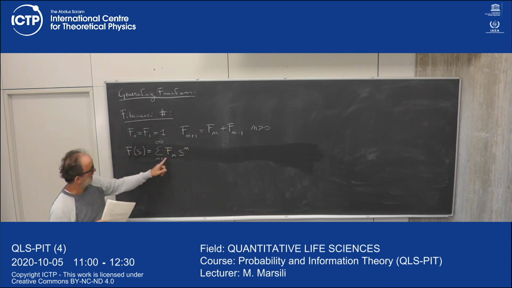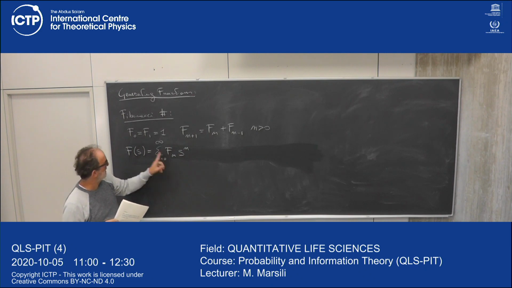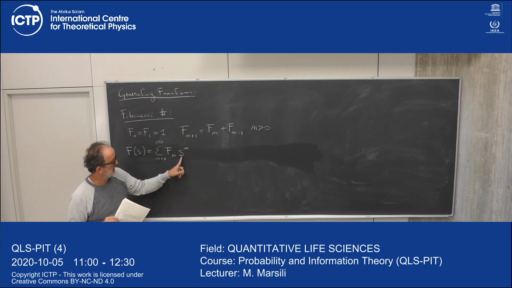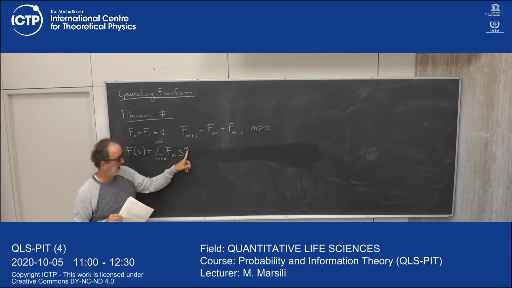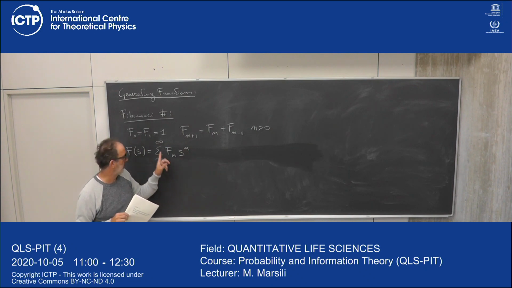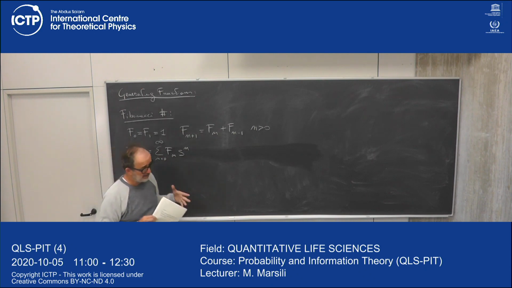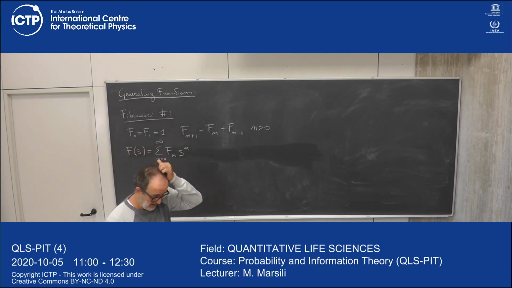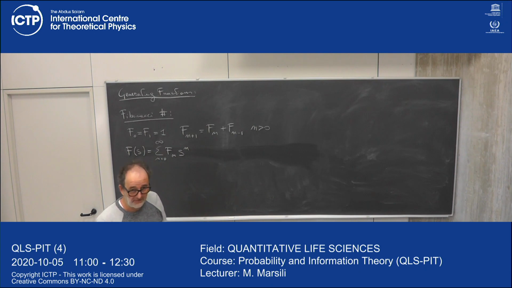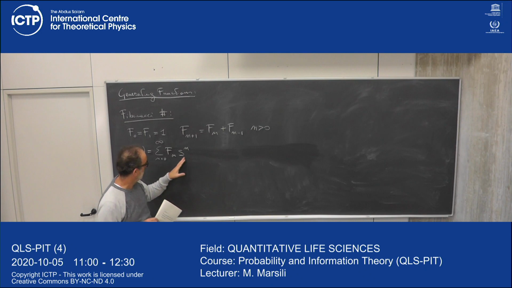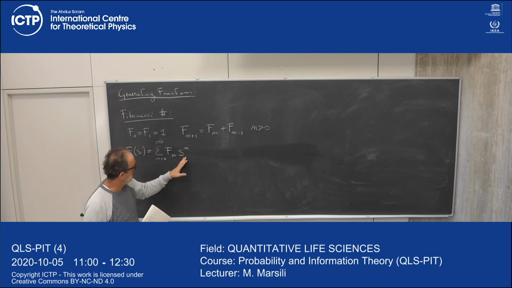Okay, so you take the coefficients of your sequence, you multiply by s to the power n, and then you sum over all n from 0 to infinity. So what is s? So s is just a computational device. It does not have any particular meaning. It is just used as a tool to do calculations. Okay?